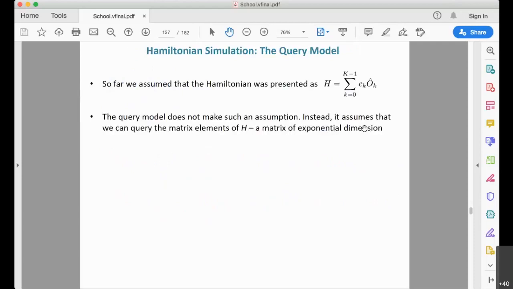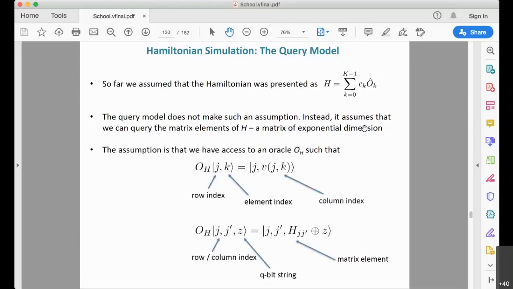I mentioned that I was considering a Hamiltonian which was just a linear combination of Pauli products. I didn't talk to you about the query model. The query model basically assumes that you can query the matrix elements of the Hamiltonian in some particular way. And the methods that I talked about can also be applied to the query model.